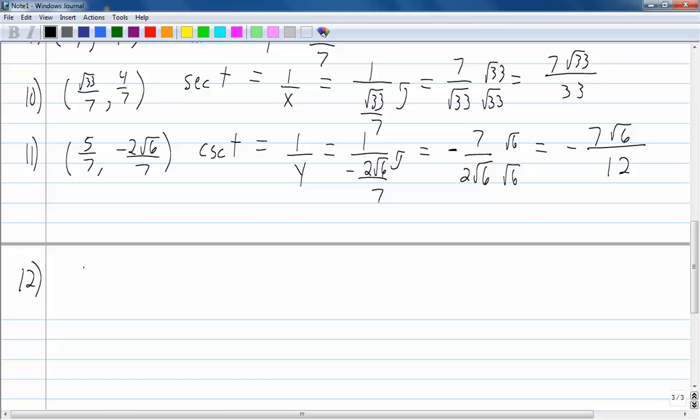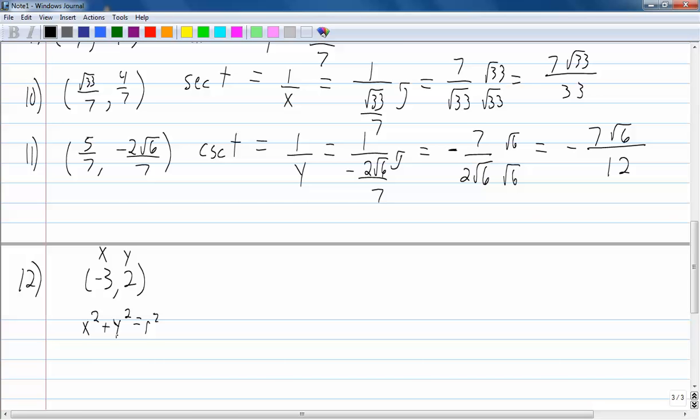Problem number 12 is similar to this, except this point is not on the unit circle. Remember, that's x and y. If the point is not on the unit circle, then that's where we have an r, a radius. If we do need to find r in this problem, we use the formula x squared plus y squared equals r squared.